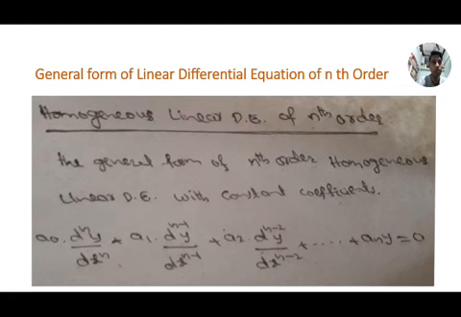The general form of an nth order homogeneous linear differential equation with constant coefficients is a0 d^n y/dx^n + a1 d^(n-1) y/dx^(n-1) + a2 d^(n-2) y/dx^(n-2) + ... + an y = 0, where a0, a1, a2, ..., an are constants, that is, the coefficients.